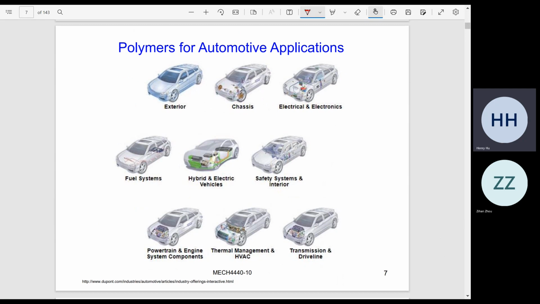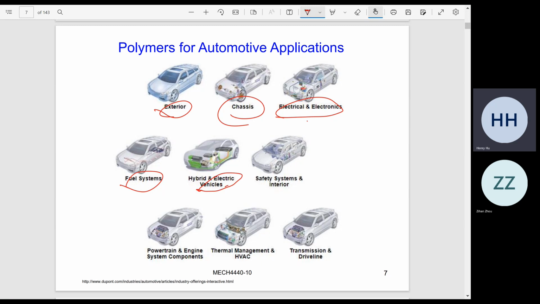Try to use this slide to show you the polymer can be used all over the place in a vehicle. Doesn't matter electrical or the gas powered vehicle over there. Okay, so exterior, chassis, and electrical electronics, fuel systems, hybrid electrical vehicle.